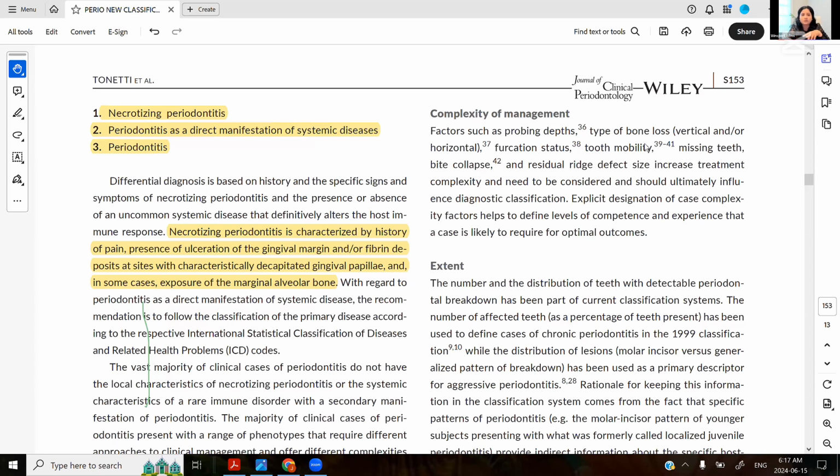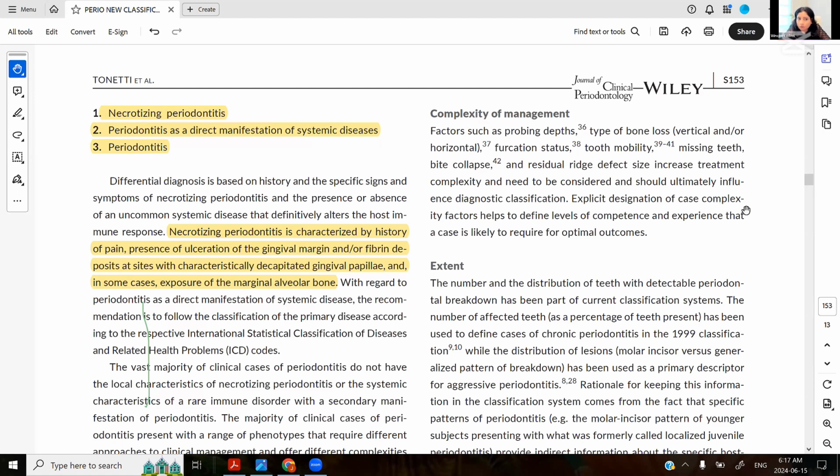So the other periodontitis classification is either necrotizing periodontitis, which is the progression of NUG to the periodontal tissues. Another reason for periodontitis is a direct manifestation of systemic diseases, like Papillon-Lefèvre disease, leukocyte adhesion defect conditions.